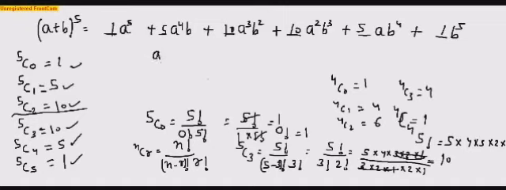For instance, for a plus b whole to the power 9, variables will be like a to the power 9, then power of a keeps decreasing till a to the power 0. Power of b starts from b to the power 0 and then keeps increasing 1, 2, 3 till 9. While the constants will be something like this: 9C0, 9C1, so on till 9C9. So this is what our binomial theorem is.